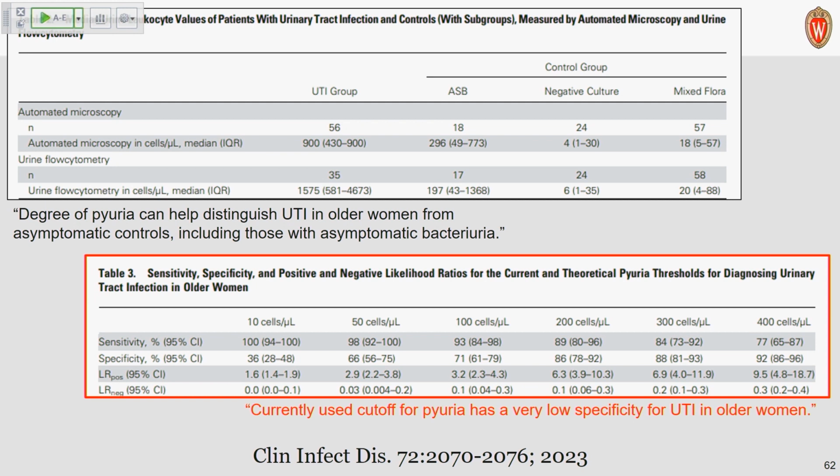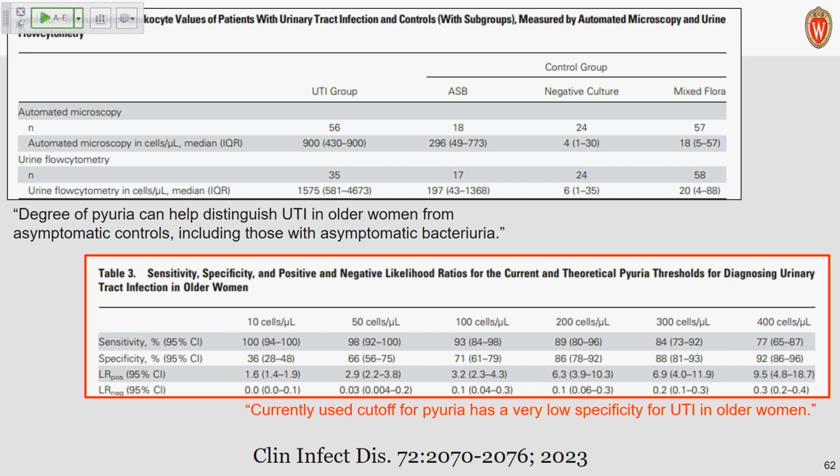So the researchers are arguing here that higher pyuria might be more predictive of a UTI. But they also state in the data that asymptomatic bacteria folks in that ASB column can also have pyuria counts that increase. So then they stratified their diagnostic strategy by actual pyuria counts. So you see 10 white cells per microliter, 50 white cells per microliter, and then they look at specificity values.